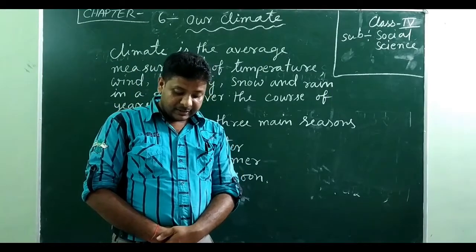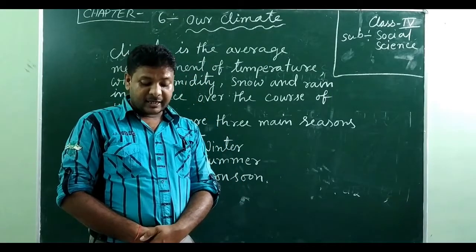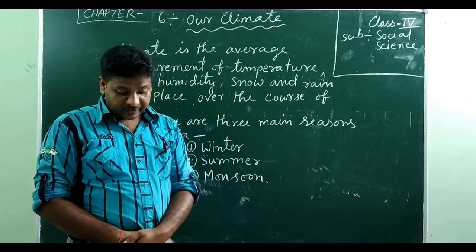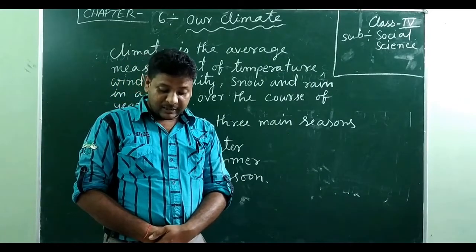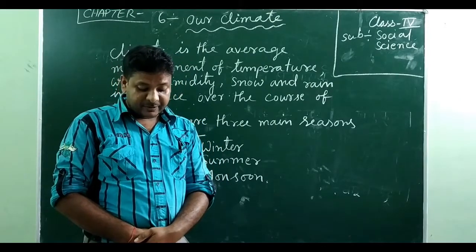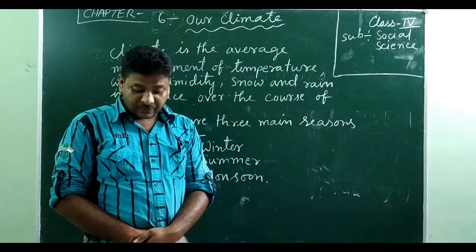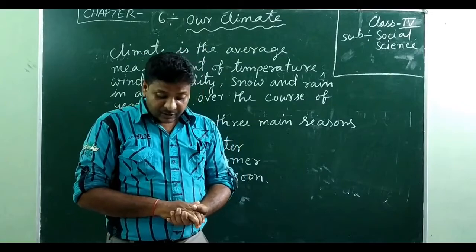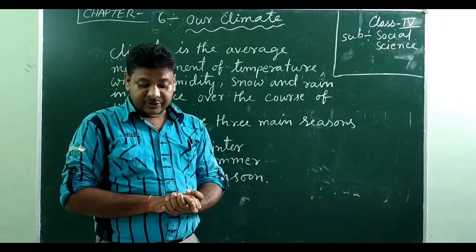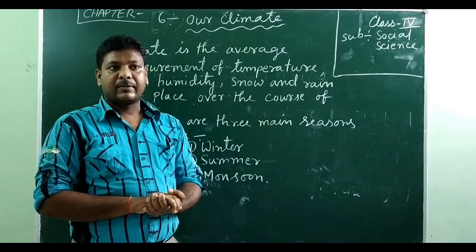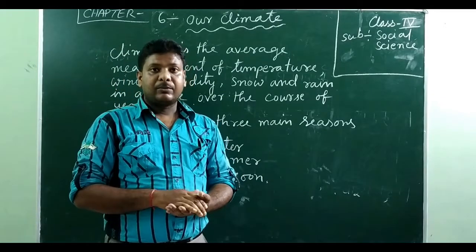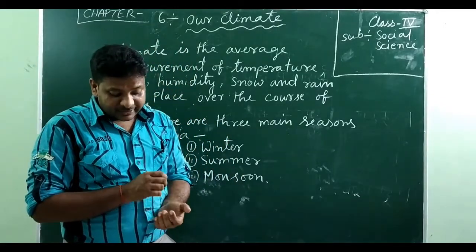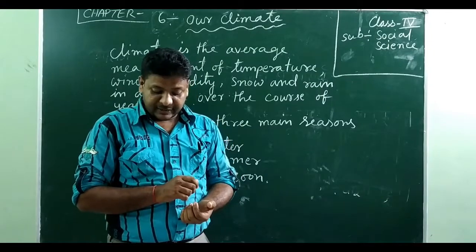Parts of Meghalaya receive about 800 centimeters of annual rainfall, while some areas in Rajasthan receive less than 10 centimeters of rain in a year.